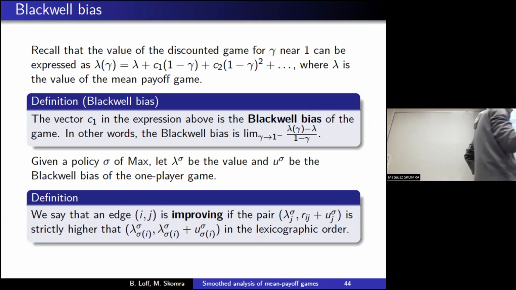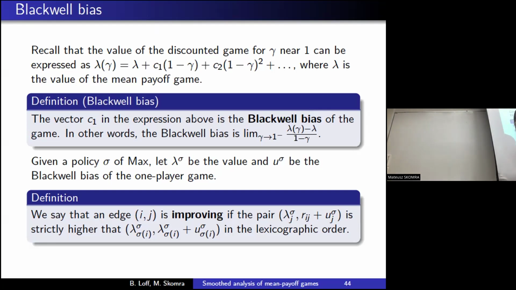And now you modify the definition of improvement. We will say that the edge is improving if this pair is strictly higher than this pair in the lexicographic order. What do I mean by that? If my neighbor has a higher value, then great, this is an improving edge. However, if my neighbor has the exact same value as I do, then I also check what happens to the bias.